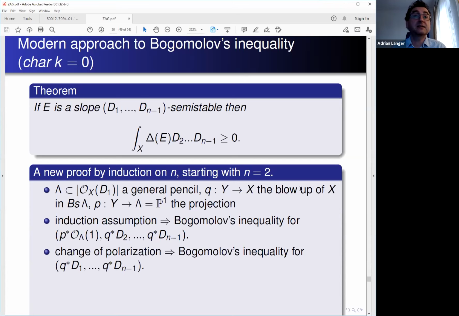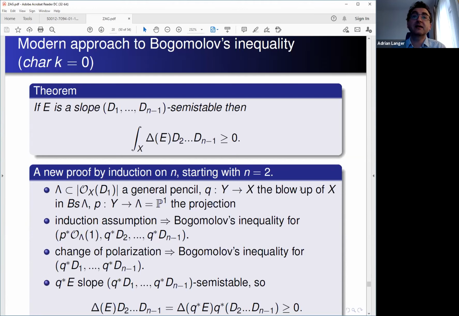When we change polarization, then it implies the inequality for q star D1 through q star D_{n-1}, and then, well, the point is that if E is (D1, ..., D_{n-1}) semistable, then the pullback by q of this E is slope (q star D1, ..., q star D_{n-1}) semistable, so we immediately get the inequality.